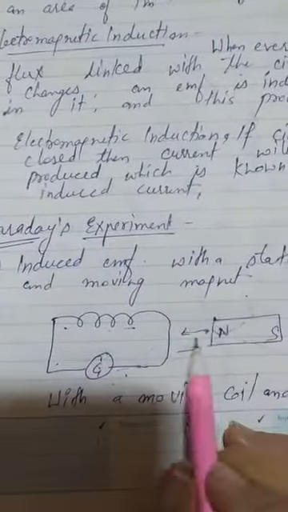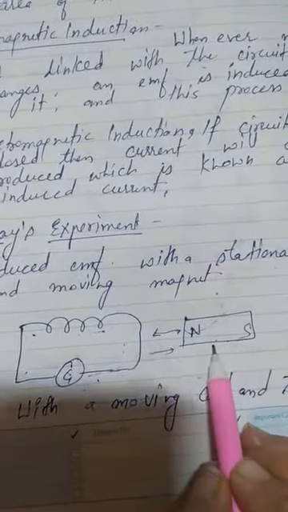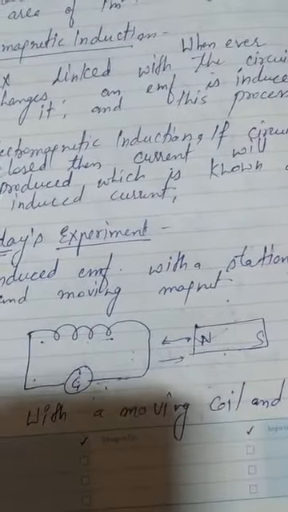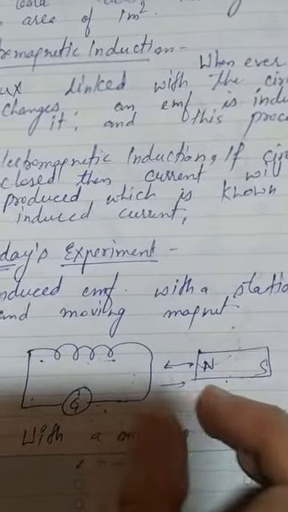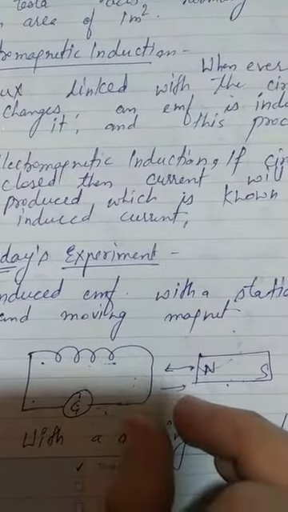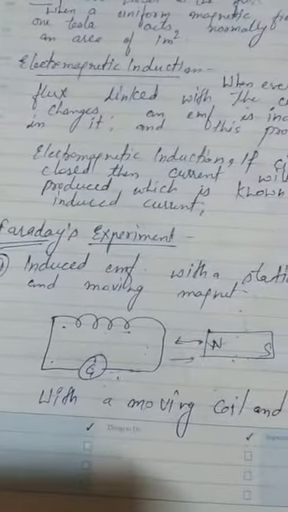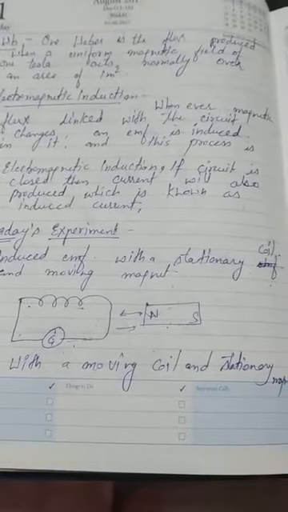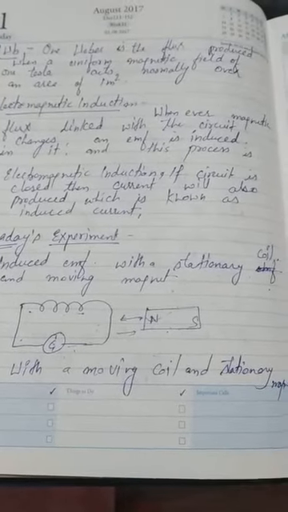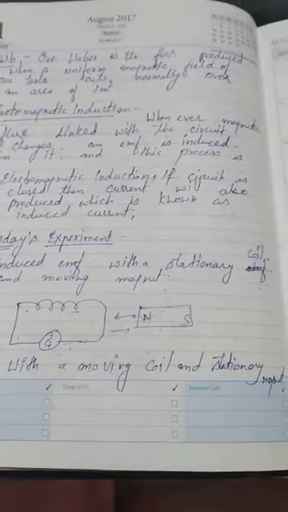If we move the coil here and there while the magnet is at rest, then also current will be induced. The magnet is at rest and the coil is moving, so the magnetic flux will change. Due to the change in magnetic flux, current will be induced, and it will be observed by the deflection on the galvanometer of this circuit. Clear now?